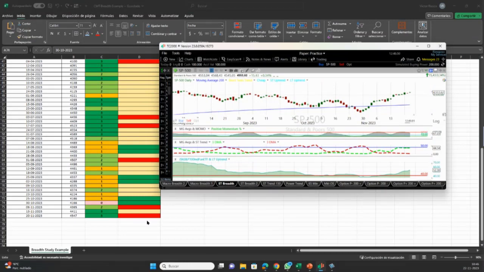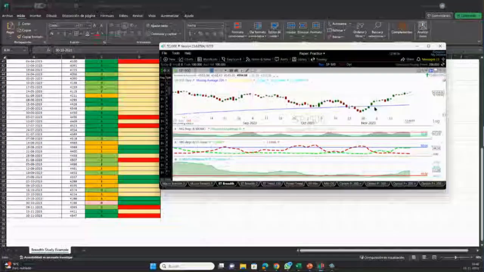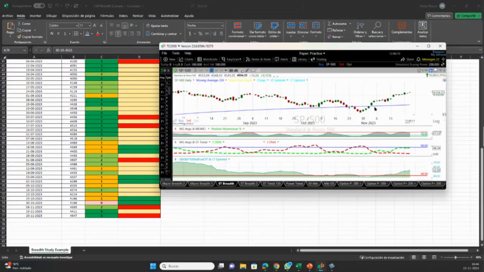And you've probably heard a lot, read it in Twitter or whatever, how we got this breadth thrust, and this is another way you can gauge that we did get a breadth thrust.